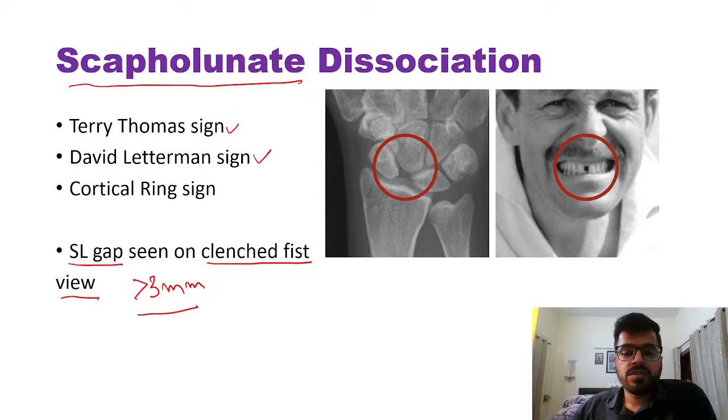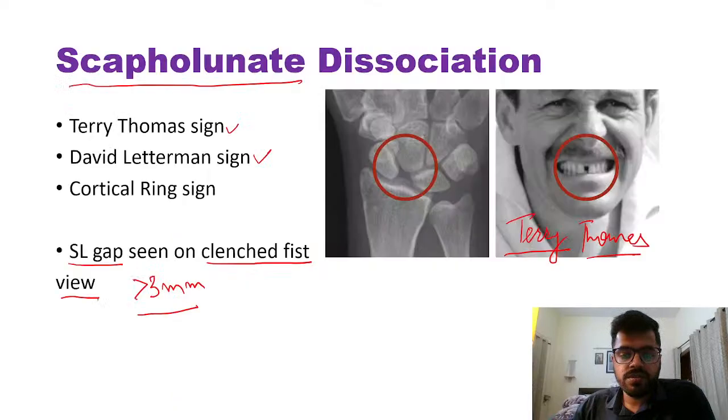So this is the gap. So this person is named Terry Thomas. He was a British actor. So this gap is similar to the gap between his two teeth, the diastema, and that's why it is called Terry Thomas sign.